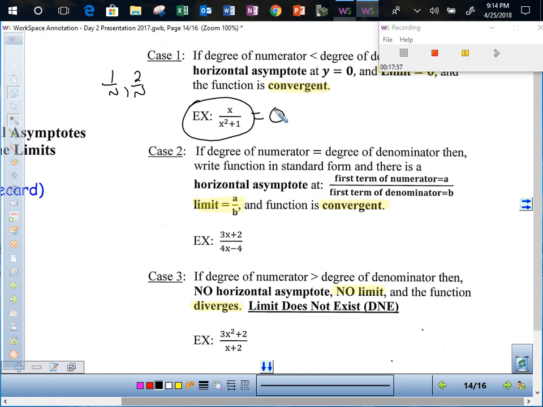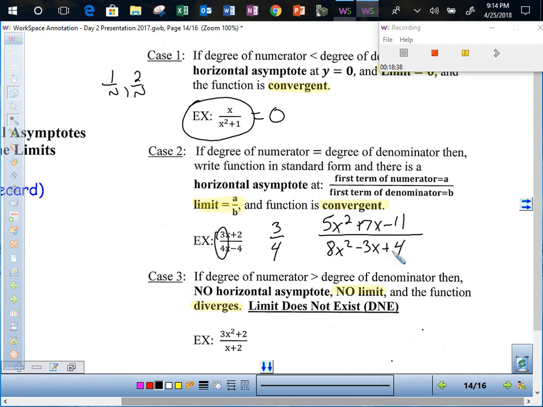If you have an expression where the power of the numerator is equal to the power of the denominator, you just look at those coefficients. So in this case, it's going to be convergent, and it's going to converge to the number 3/4. Here's another one. Let's say I give you 5x squared plus 7x minus 11 over 8x squared minus 3x plus 4.